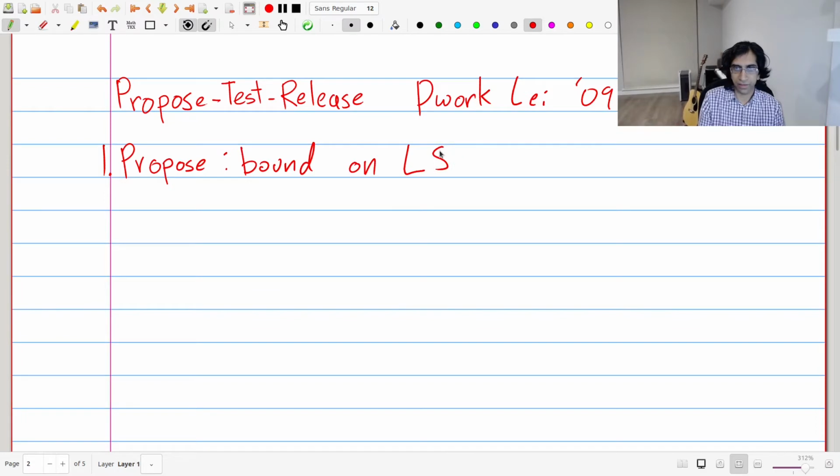As an algorithm designer, we're going to say that I think the local sensitivity is at most some quantity. The next step is to test: essentially test whether the bound is actually accurate. Is it actually upper bounded by whatever quantity? And the third one is, of course, we release.